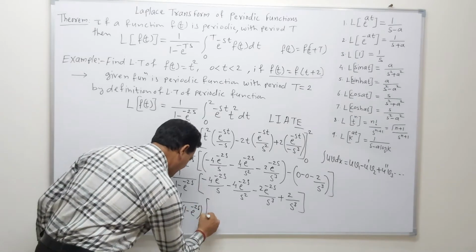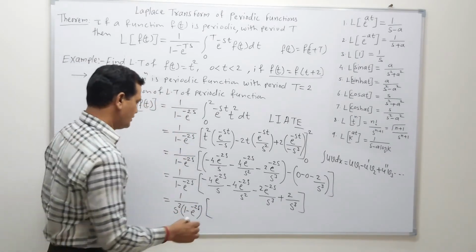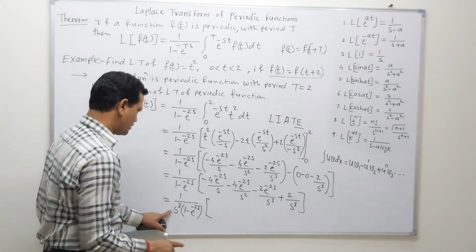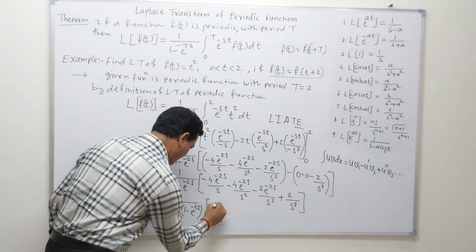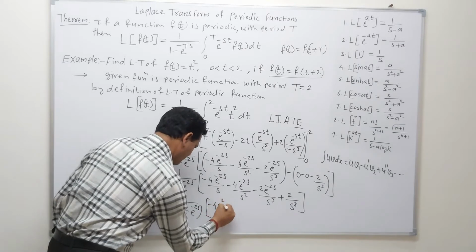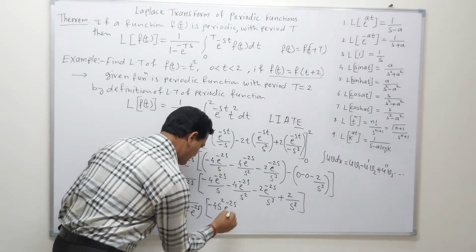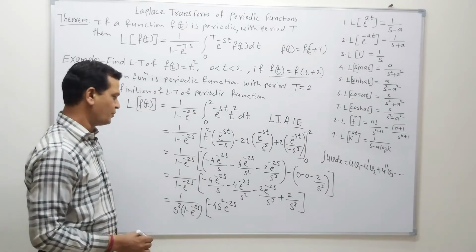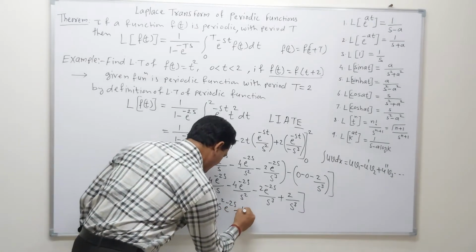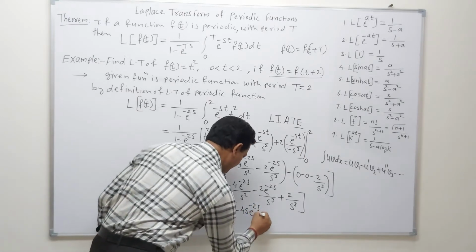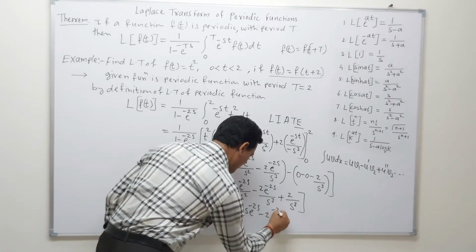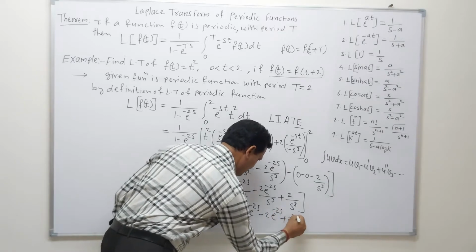Then in bracket we get this term as, so first term we take s cube common, so s cube upon s, so we can write this as minus 4 s square e raised to minus 2s. So after taking s cube common, then this is minus 4s e raised to minus 2s, then this is minus 2 e raised to minus 2s plus 2.